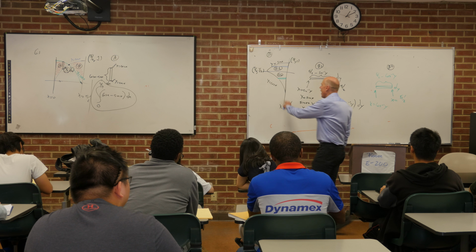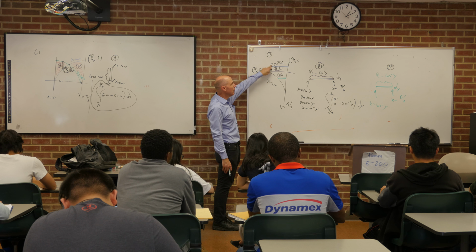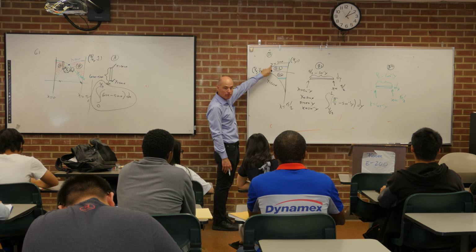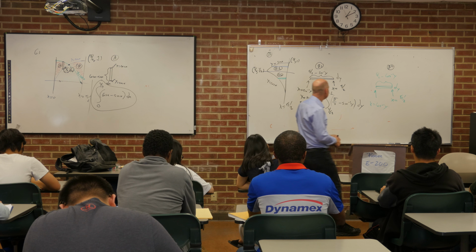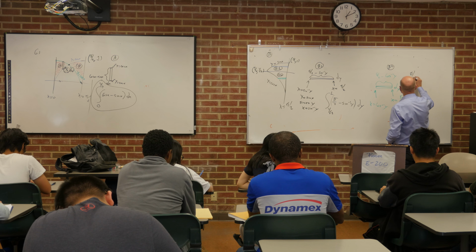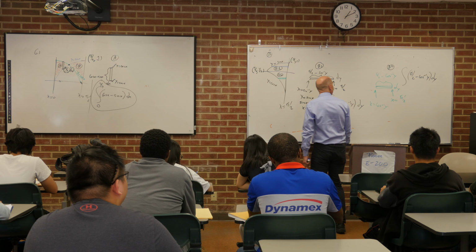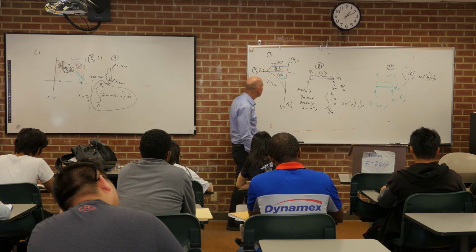So it's pretty much exactly the same picture, except it's a cosine graph instead of a sine graph on the left side. So base times height. And this is for region B2.